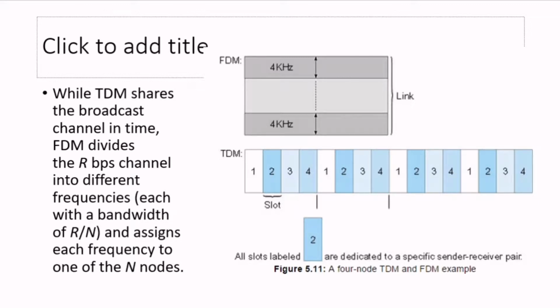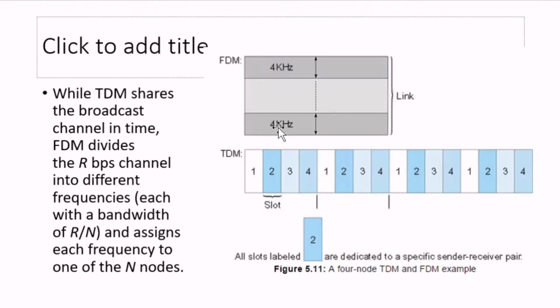While TDM shares the broadcast channel in time, FDM divides the R bits per second channel into different frequencies, each with a different bandwidth, and assigns each frequency to one of the nodes. This example is the FDM.